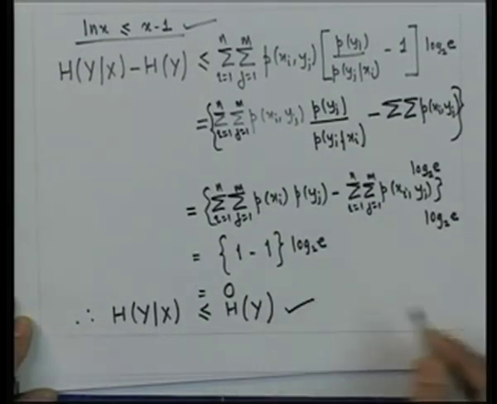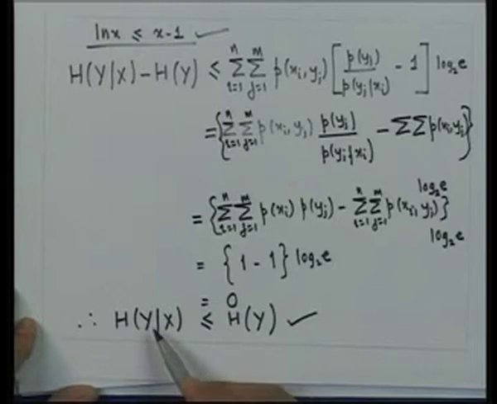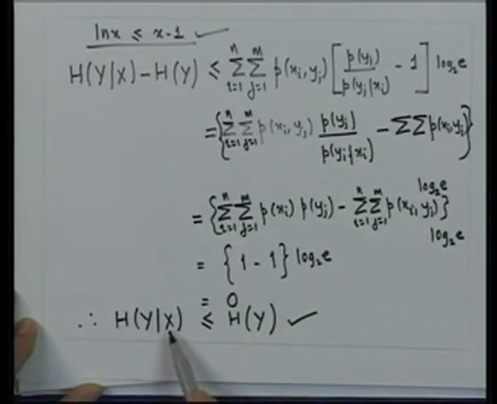What this expression says is that the uncertainty which is there in the event y or experiment y after the event x has been observed will always be less than the uncertainty which is there initially when I do not observe x.